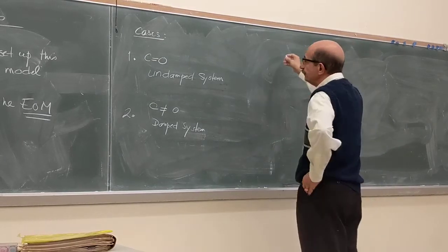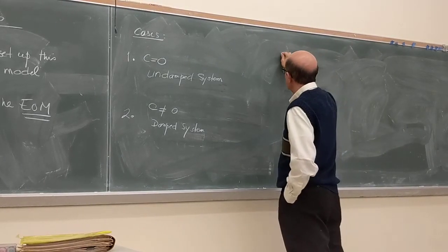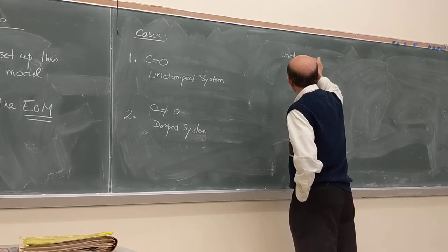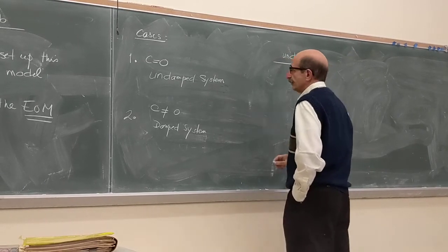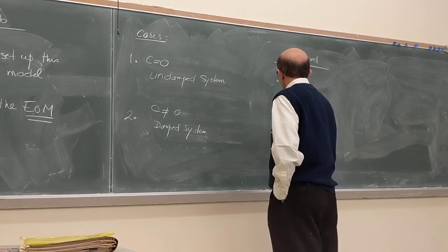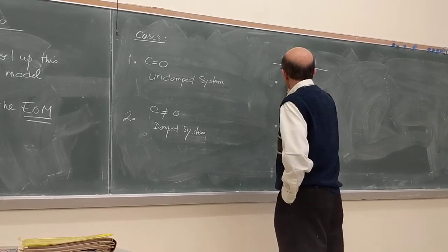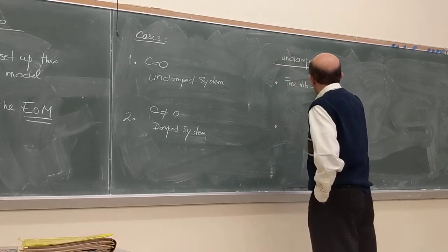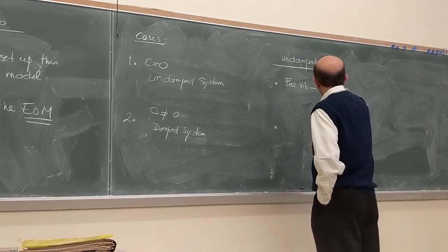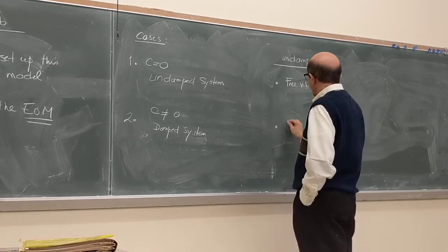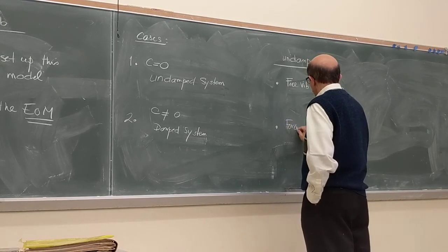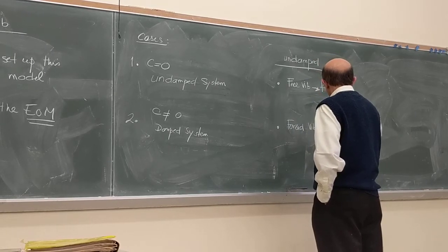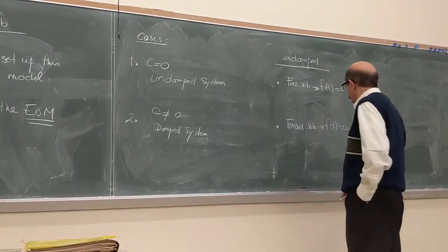Let's look at it this way. In case of the undamped case, we can have either a free vibration, that is, F(t) is 0, or we can have forced vibration, where F(t) is not equal to 0.